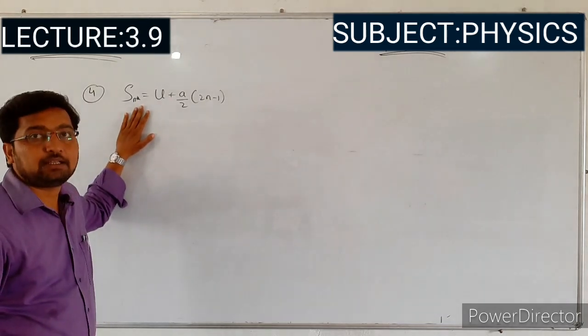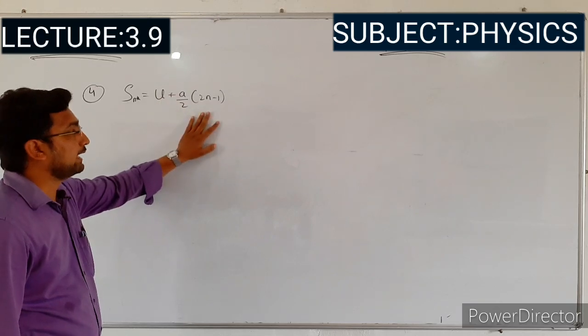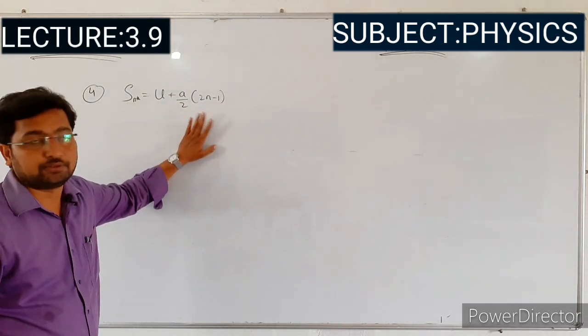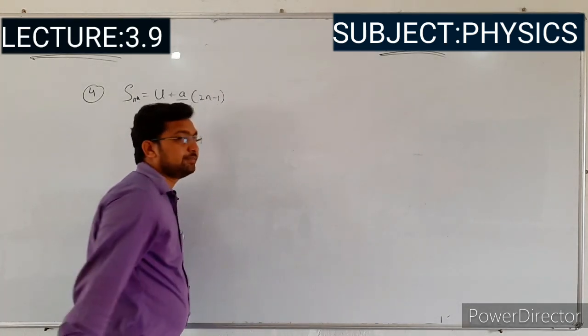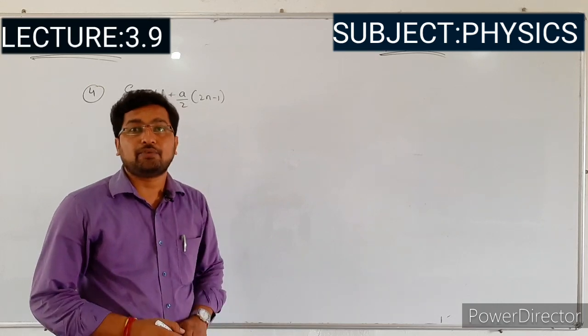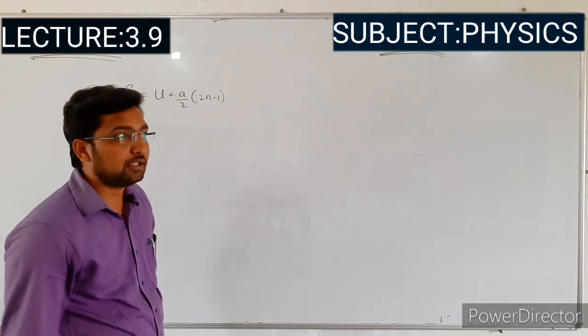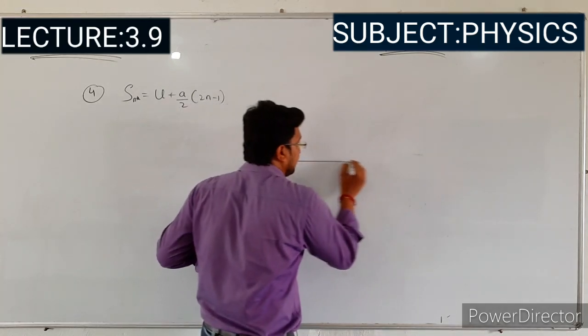The next one: displacement of the particle in the nth second is equal to u plus a by 2 into the bracket of 2n minus 1. Okay, see here. In this case, we are considering an object or a particle moving with a uniform acceleration along the x-axis.